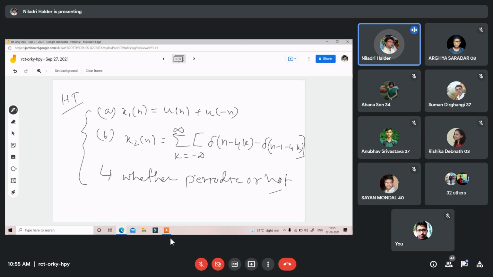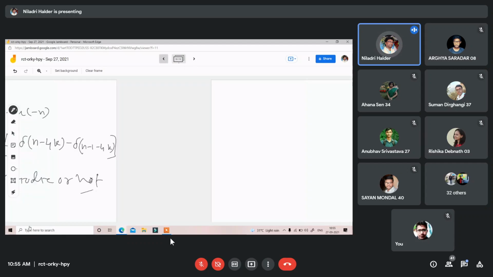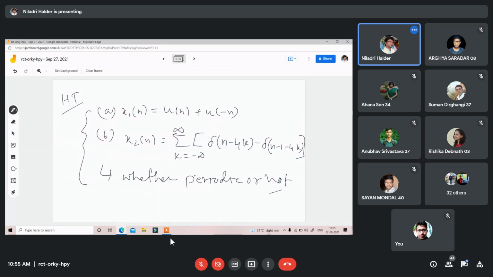The example that we have seen for periodic signal is not sinusoidal. If you are getting a signal that is dependent on time, it is not sinusoidal.